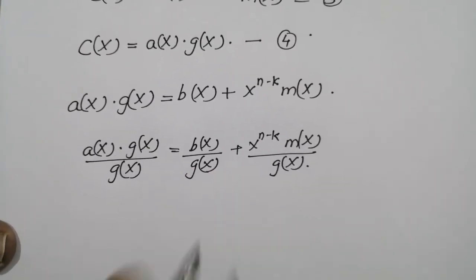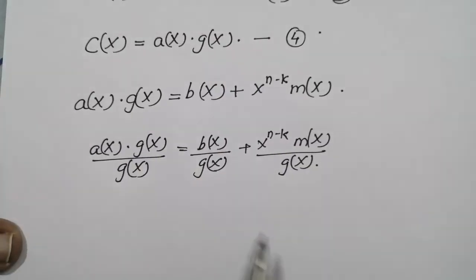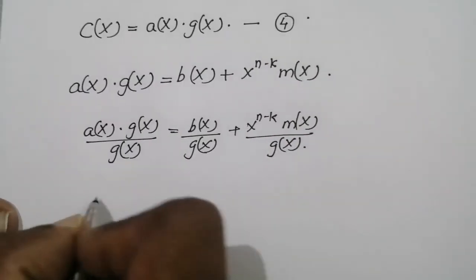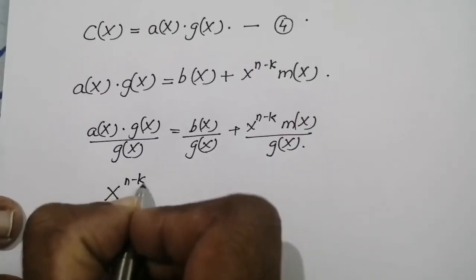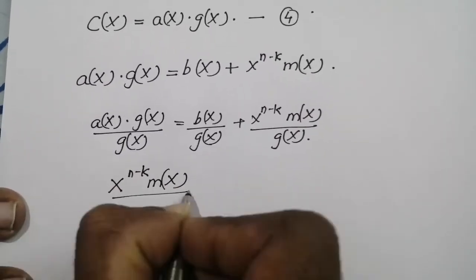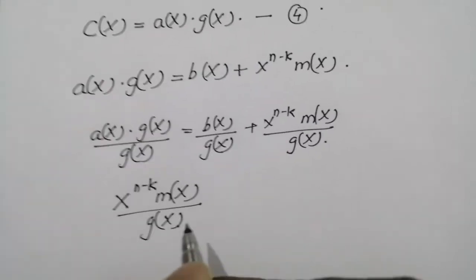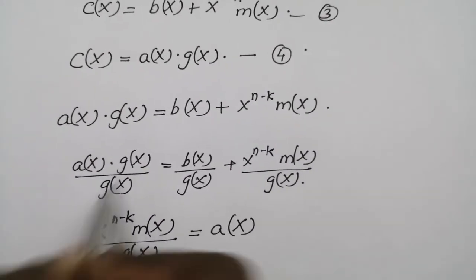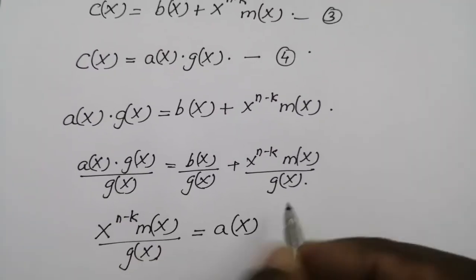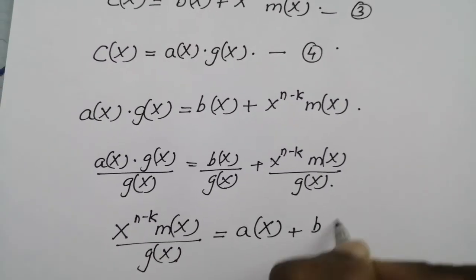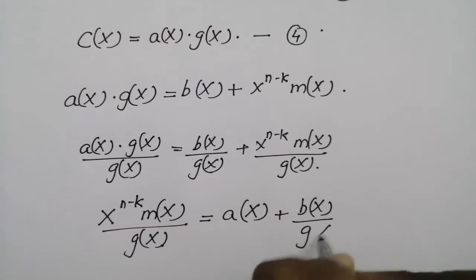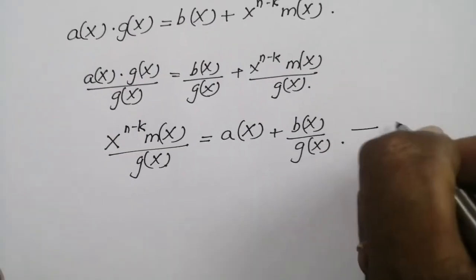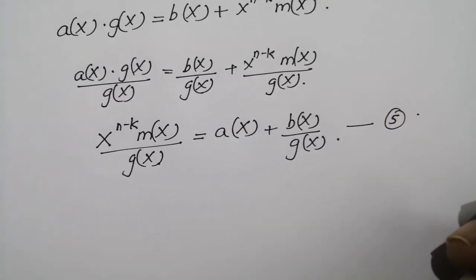So if you bring this particular term to the left hand side, you can rearrange this equation as x raised to n minus k m of x divided by g of x equal to a of x plus b of x by g of x, since g of x is cancelled. So this is equation number 5.